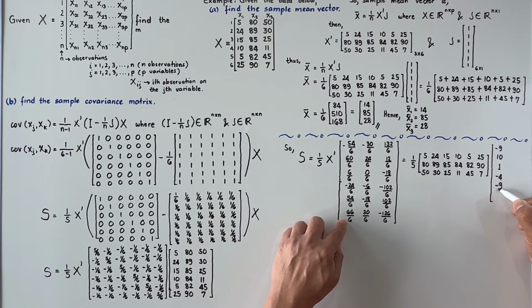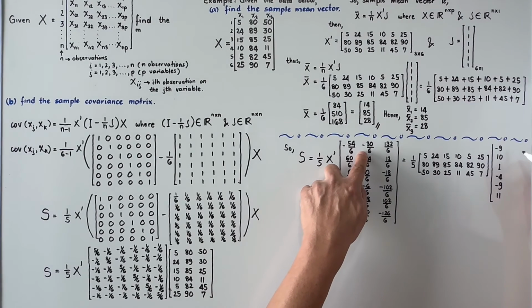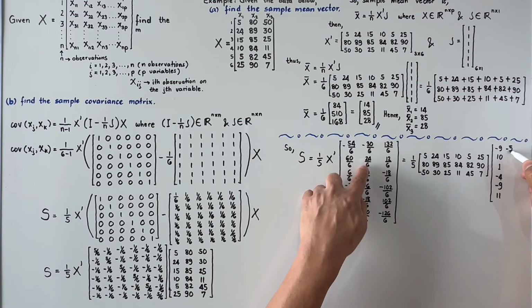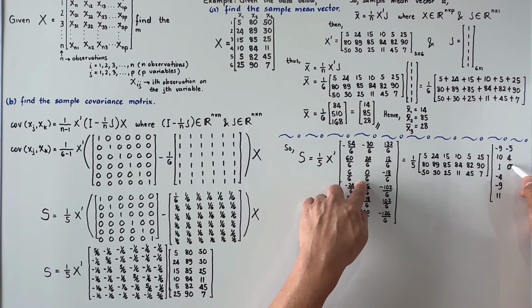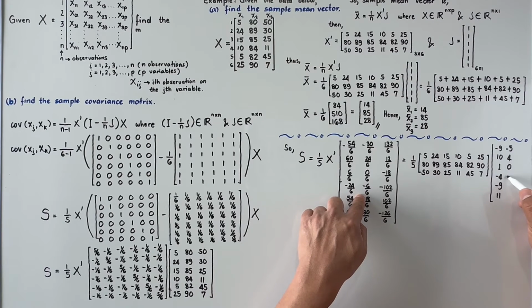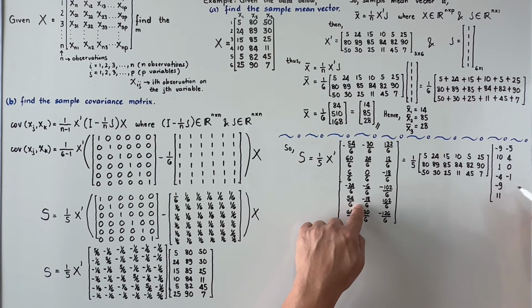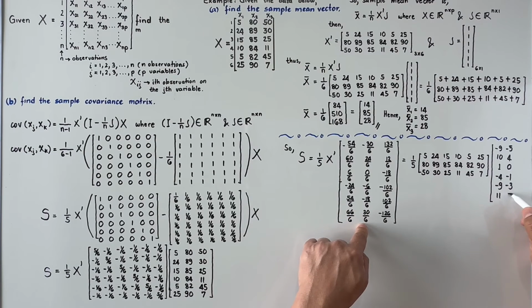And then 66 over 6, which is positive 11. And then negative 30 over 6, which is negative 5. And then 24 over 6, which is 4, 0 over 6 is 0, negative 6 over 6 is negative 1, negative 18 over 6 is negative 3, and 30 over 6 is 5.